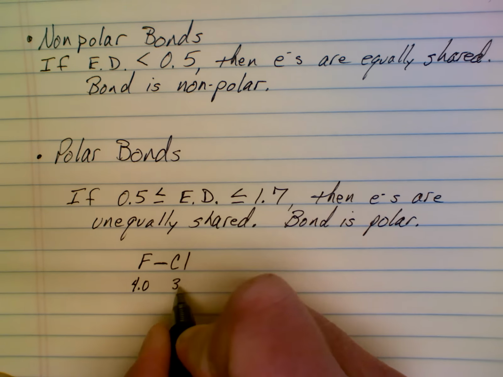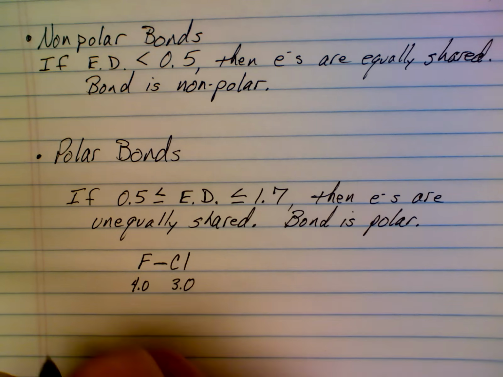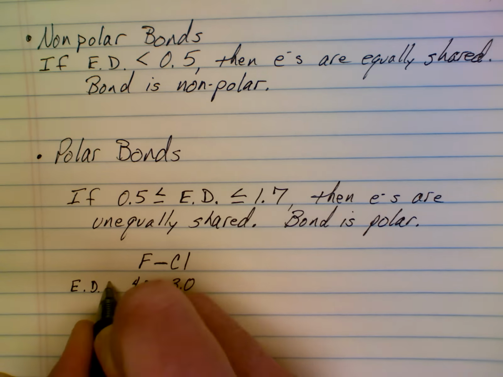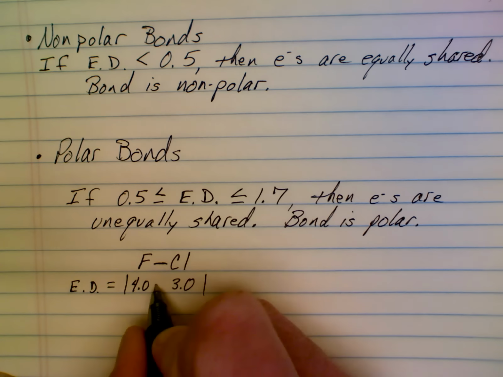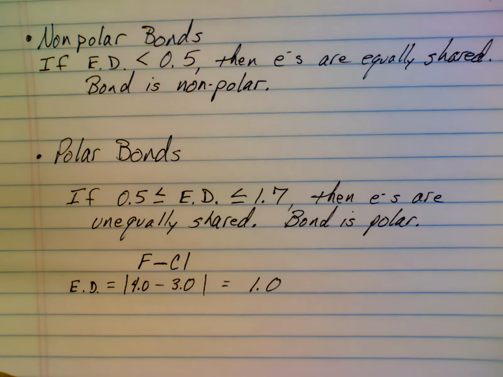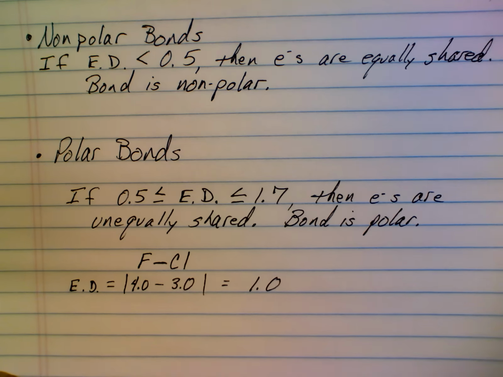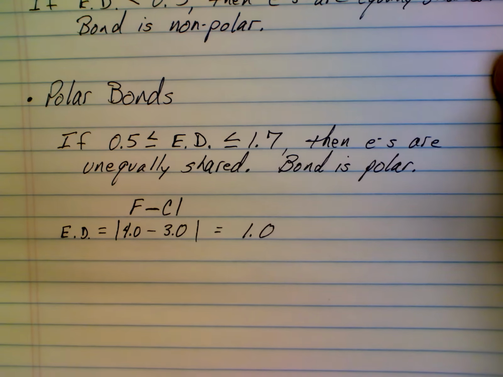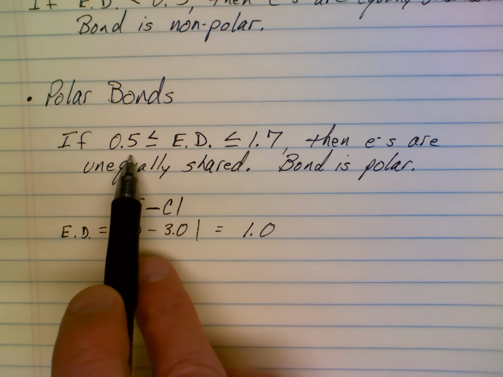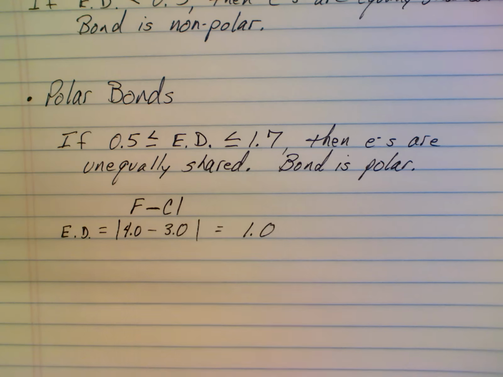Chlorine is 3.0. So if we look at the electronegativity difference for this bond, of course, it comes out to be 1.0. And because 1.0 falls between 0.5 and 1.7, we would say that this bond is polar.